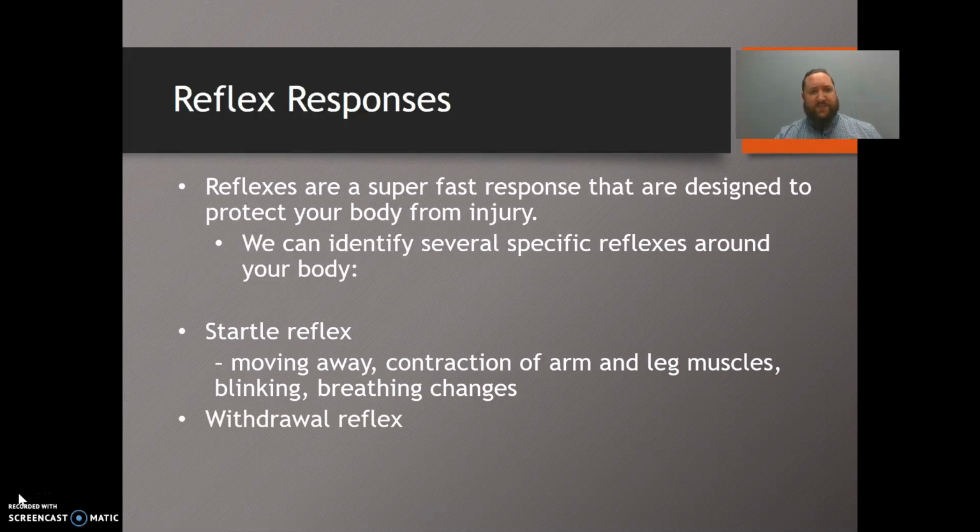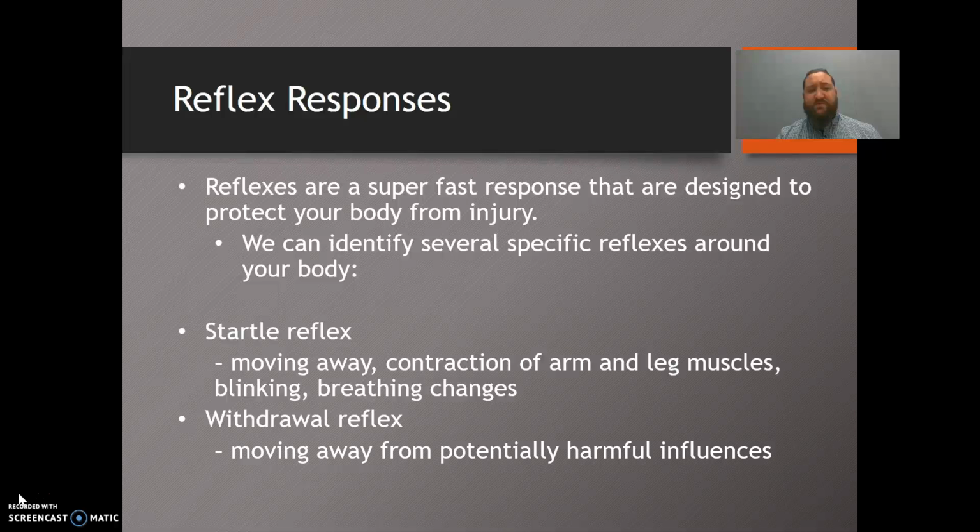A very similar one, but much more localized, is the withdrawal reflex. Now, this is what happens if you touch something potentially harmful. You reach out with your hand, accidentally touch a hot frying pan or some candle, or put your hand into somewhere you can't see and you touch something you're not quite sure what it is. Your hand automatically pulls away and removes itself from that thing that might be causing you danger.